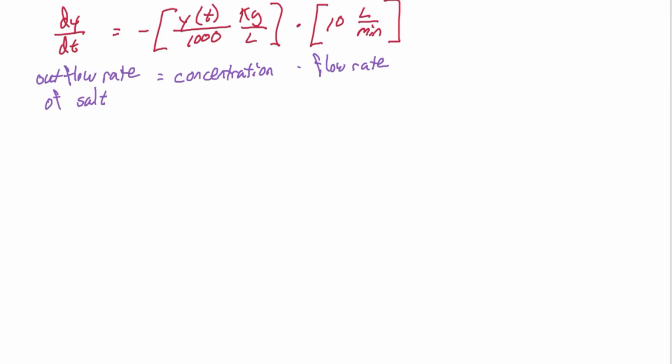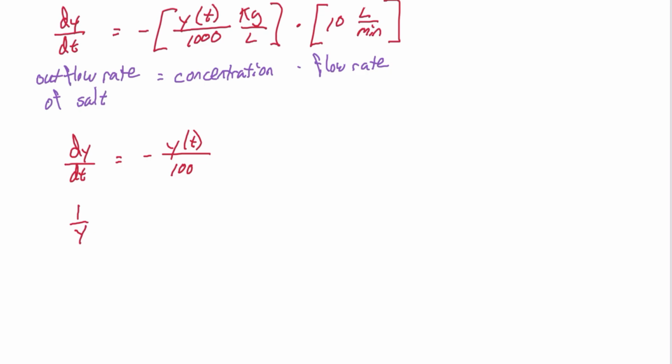From here, we can simplify a little bit. We'll get dy dt is equal to negative y of t divided by 100. Next, we'll separate the functions. y of t I'll write as just y.